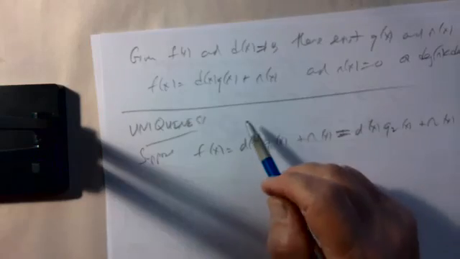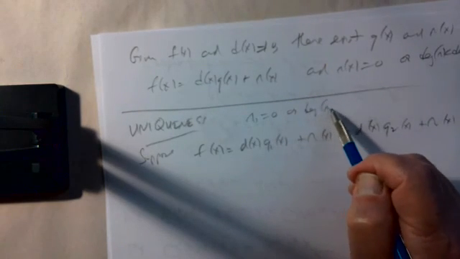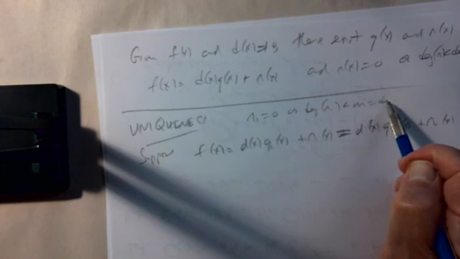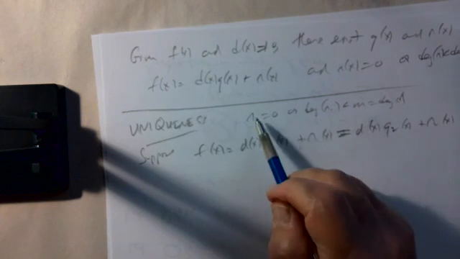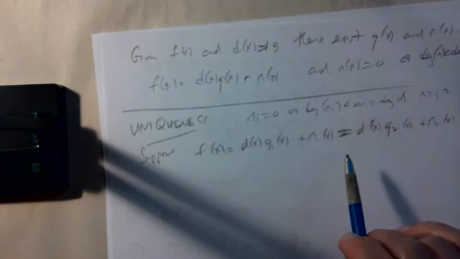And either r_i equals 0 or the degree of r_i is less than m, which is the degree of d, and that's true for i equal 1 and 2.